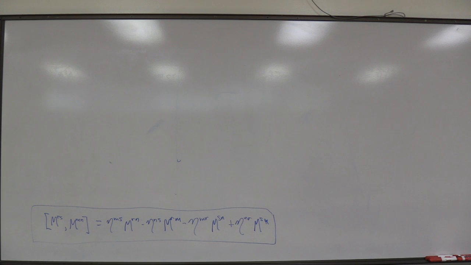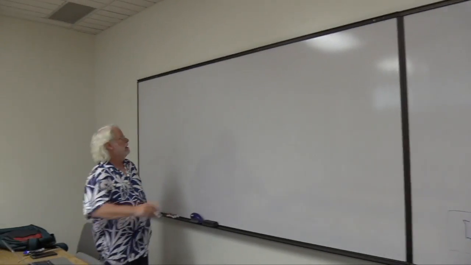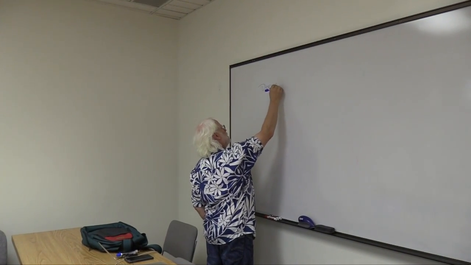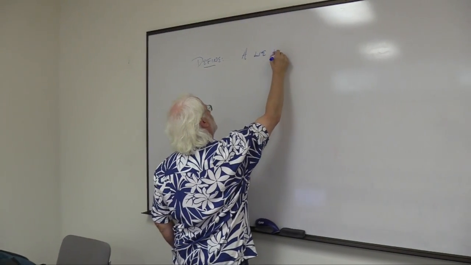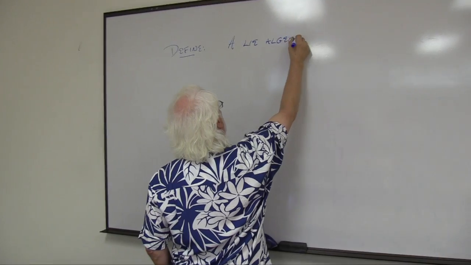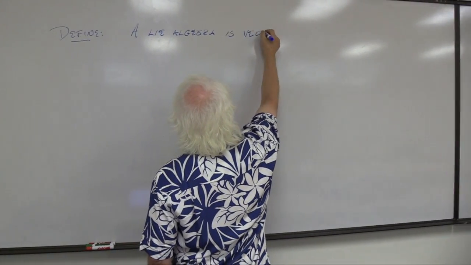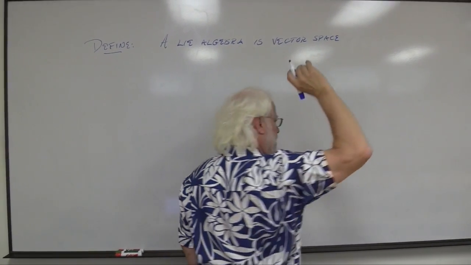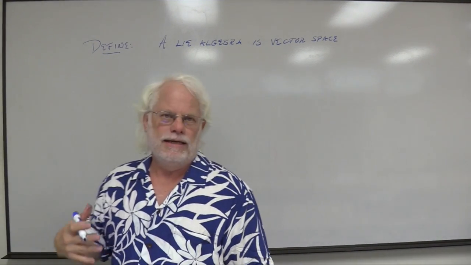So we find the infinitesimal generators of the Lie algebra, and we define a Lie algebra is a vector space. Okay, now a vector space, because we've linearized it, right?